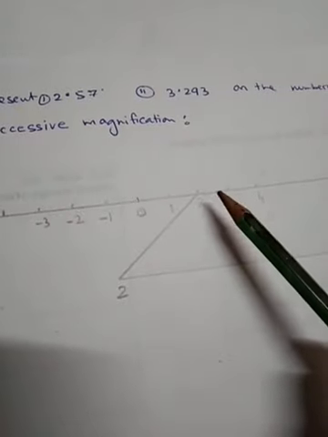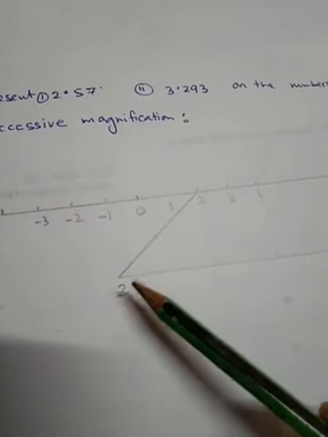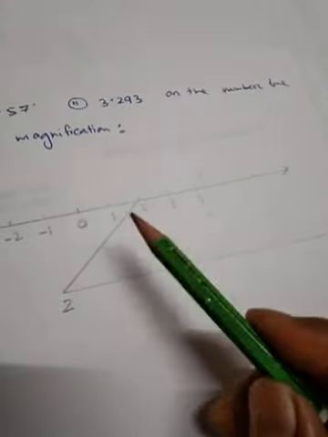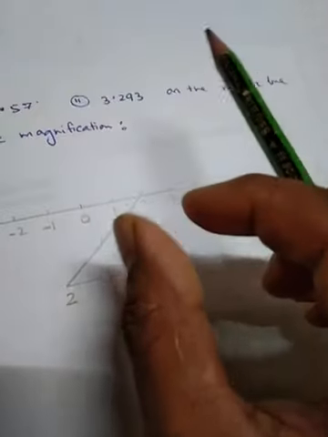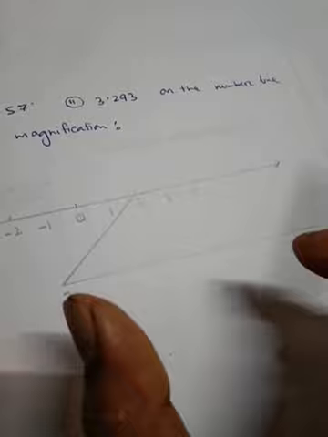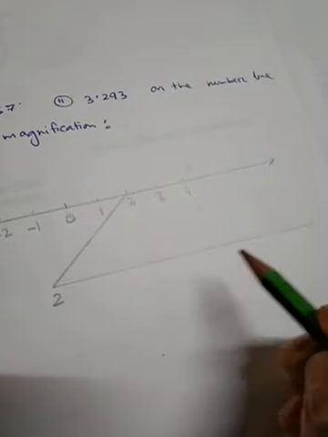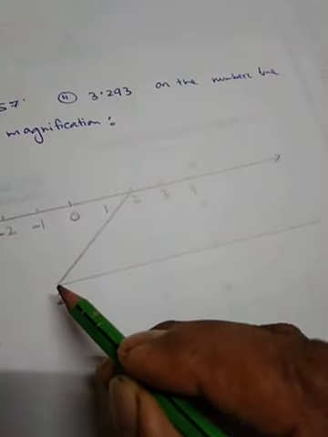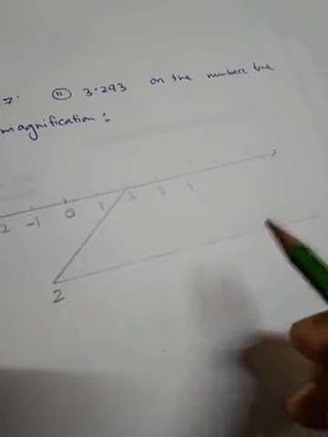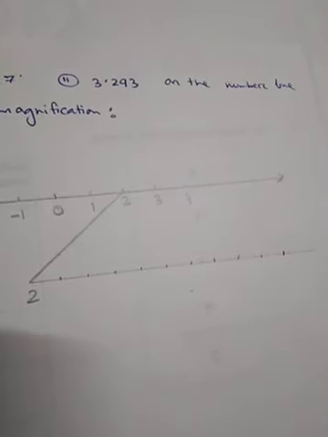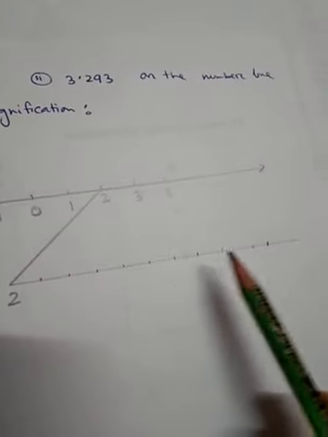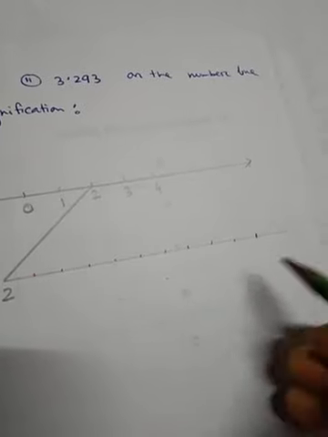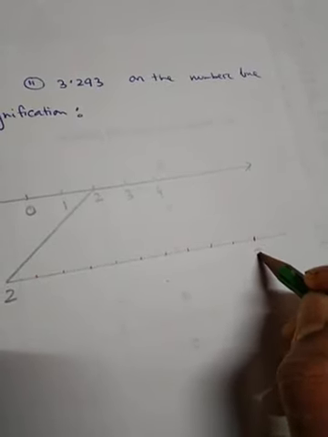Here we have drawn one line from 2, and this is the point 2, and another line we have drawn. Actually, this gap 2 to 3 we have to expand from here to here. Now here we have written 2, and on this side we will write 3. But before writing 3, first we have to make 10 equal divisions in this line. Using a scale we have made 10 equal divisions: 1, 2, 3, 4, 5, 6, 7, 8, 9, 10, and this 10th point will be our 3.